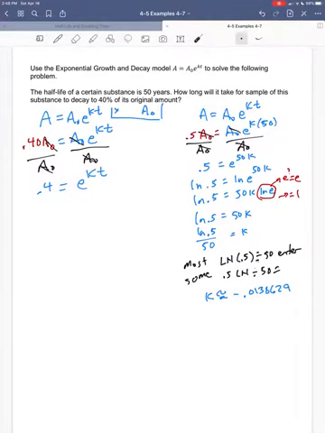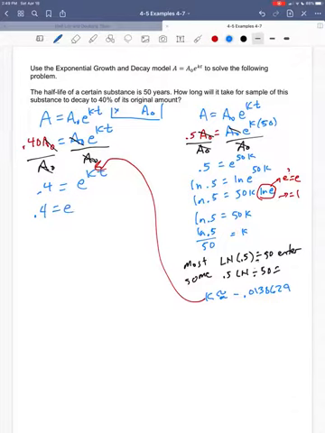And I'm going to use this value of k, and plug that in up here into my problem that I had started earlier. So I've got 0.4 equals e to the negative 0.0138629t. And I solve like I did the other one.